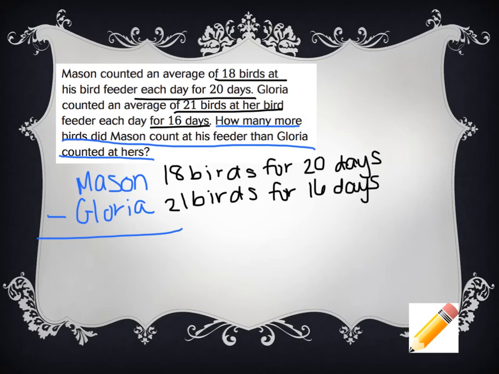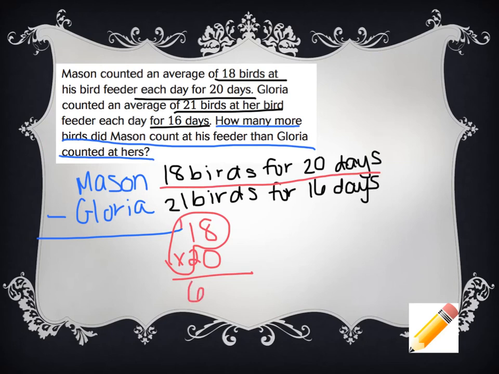To find out how many birds Mason saw, I'm going to multiply 18 times 20. I'm going to use my multiplying 10 strategy and do 2 times 8 to get 16. 2 times 1 is 2 and 1 more is 3. Add that 0 to my answer and get 360 birds for Mason. For Gloria, I'm going to do 21 times 16.